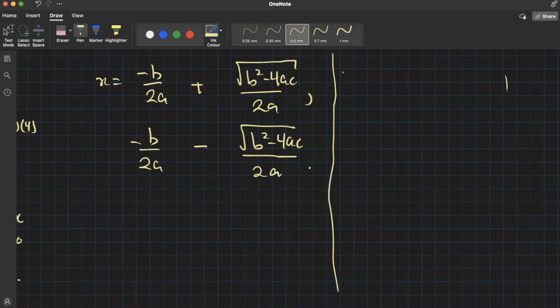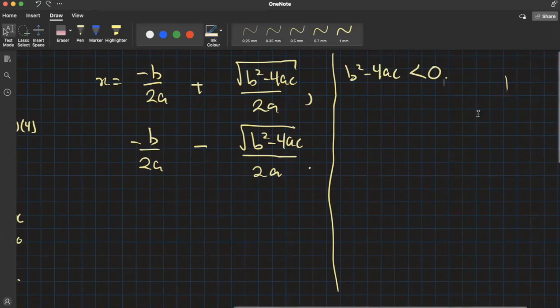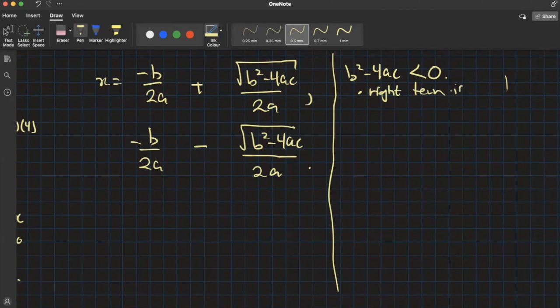So let's imagine that the argument of the square root, first of all, is negative. So b squared minus 4ac is less than 0. In this case, the right term is undefined.